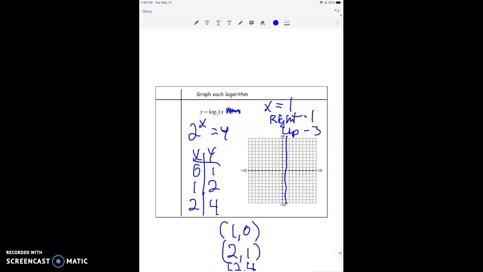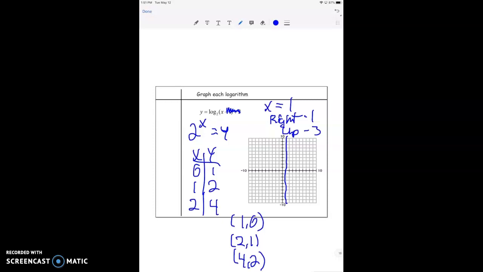Why did I run out of space here? Let's rewrite this on the bottom. So let's go ahead and go (1, 0), (2, 1), and finally (4, 2).